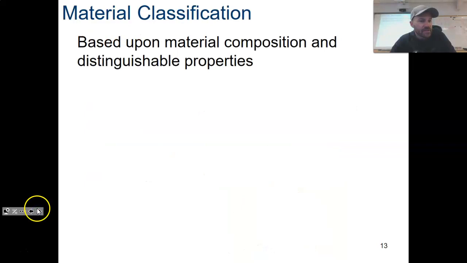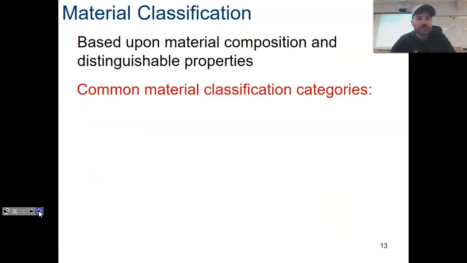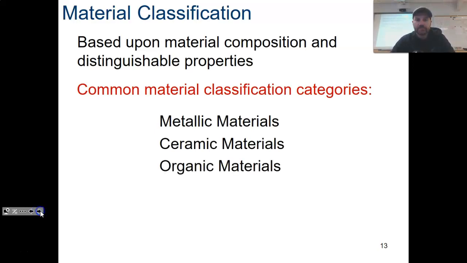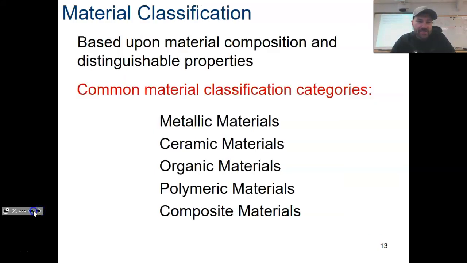Material classification is based on material composition and distinguishable properties. Common material classification categories: metallic materials, ceramics, organic materials, polymeric materials, composite materials. Metal, steel; ceramic, glass; organic, paper; polymeric, plastic; composite, fiberglass, carbon fiber.